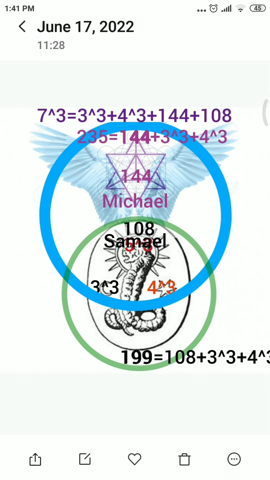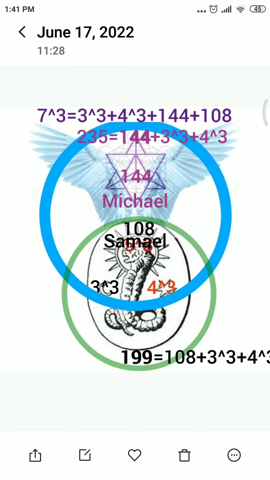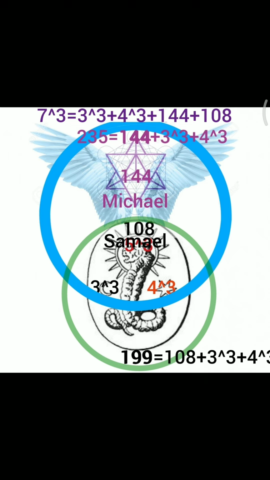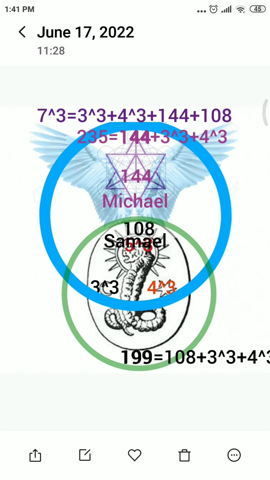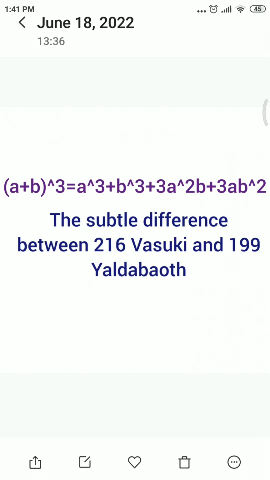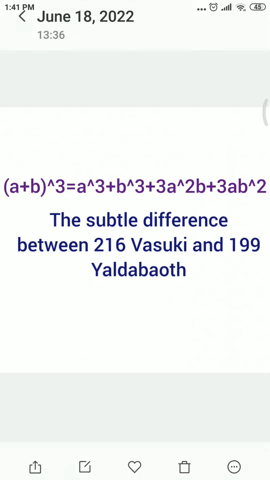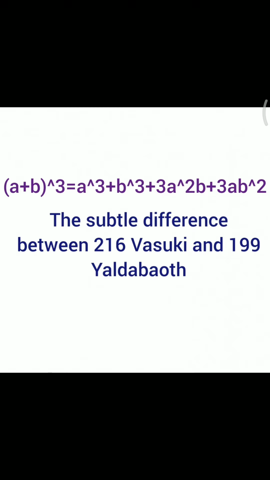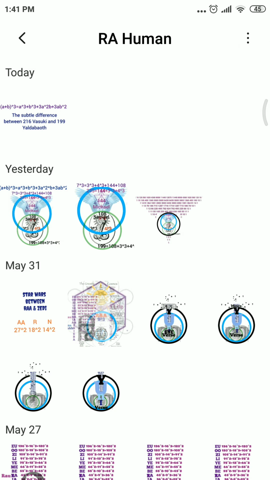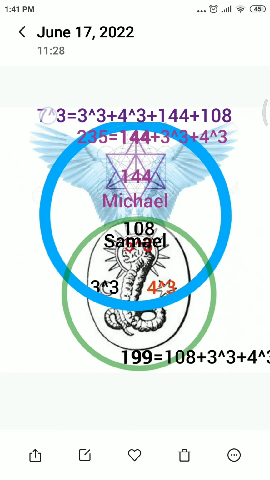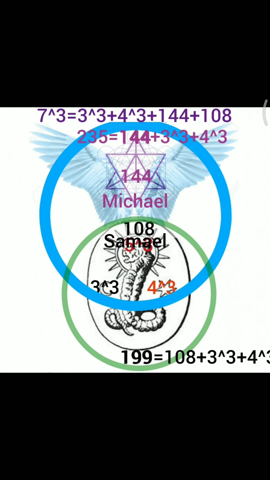But when it comes to 7 cube, using the algebraic formula I just quoted, it is the sum of 3 plus 4. So what was the formula here? The formula is (a + b)³ = a³ + b³ + 3a²b + 3ab². Using that formula, we expand 7 cube, which is (3 + 4) whole cube.